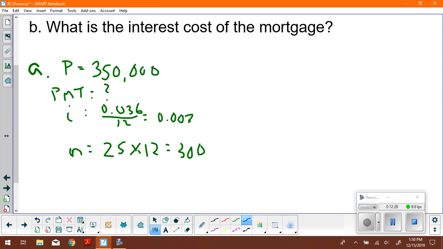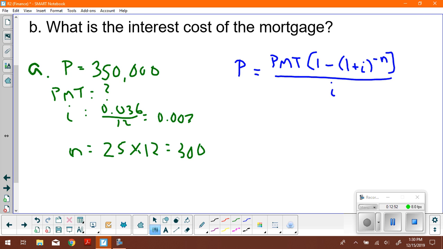So now we'll flip forward to the formula, which again is P equals PMT times (1 plus I... wait a minute, that's not the right one. We're doing a debt now. 1 minus (1 plus I) to the negative N, all over I. So my debt is $350,000.